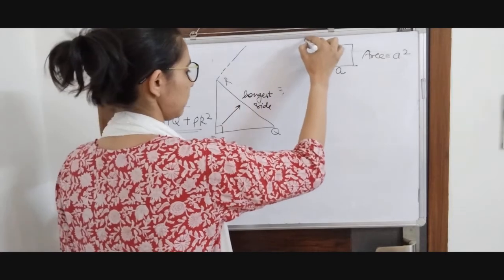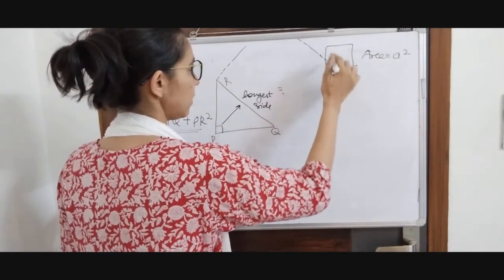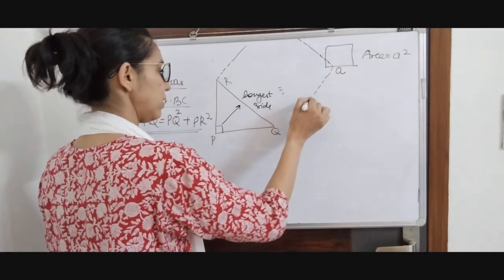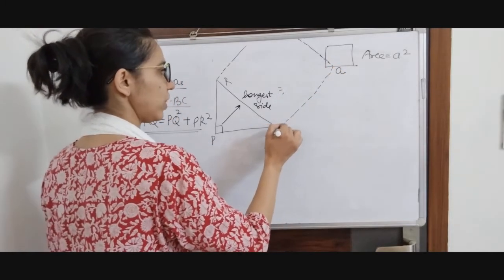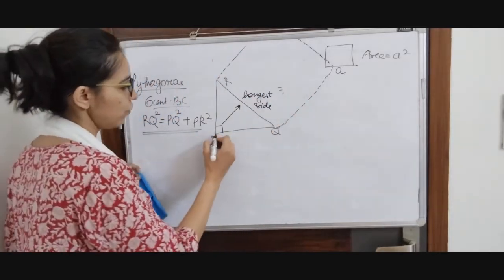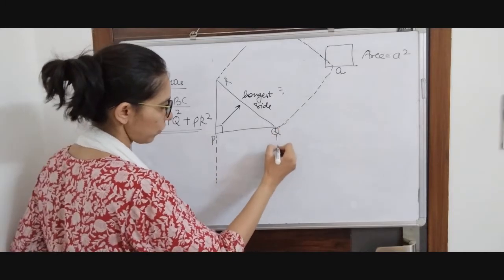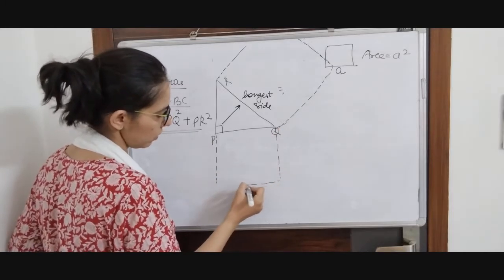I don't have space, so I am going to skip some part. This is a square which has RQ as one of its sides, and if we draw a square on PQ as one of the sides, it is going to be this one.